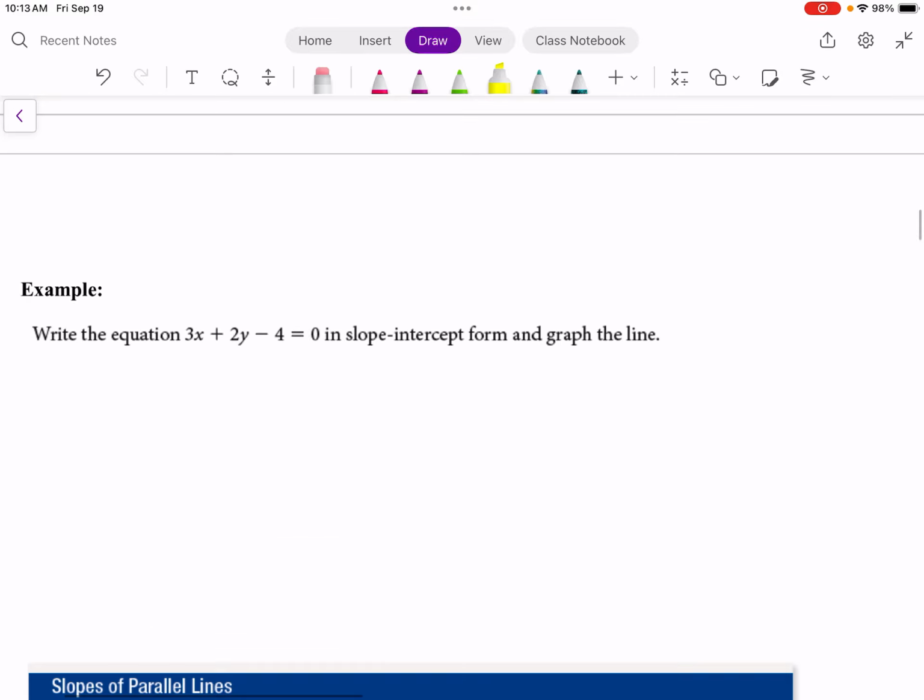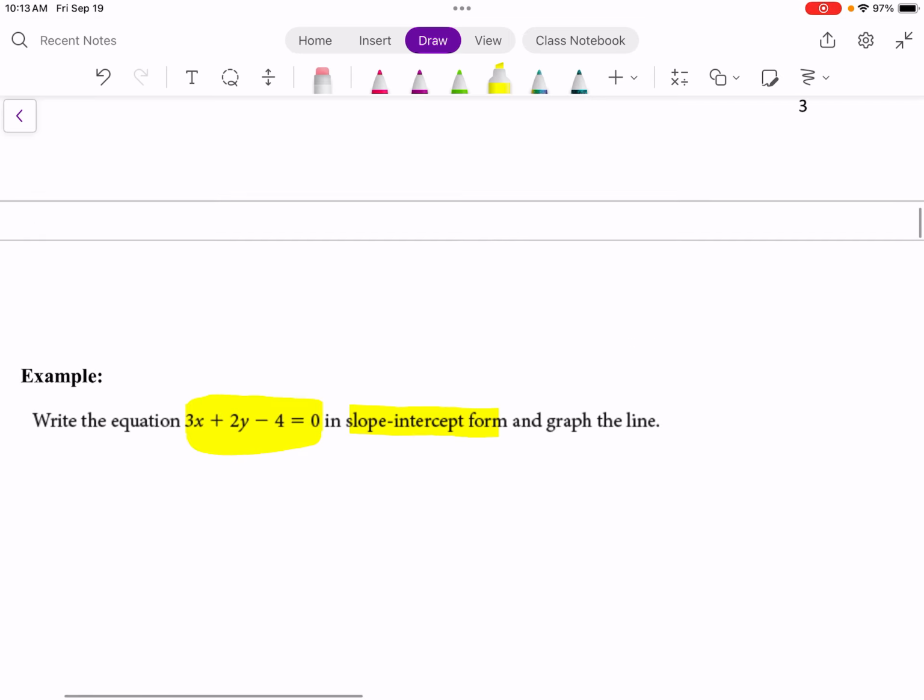Here we have the equation 3x plus 2y minus 4 equals 0. Write it in slope intercept form and graph the line. Now what form is this? We have 3x plus 2y minus 4 equals 0. This is the same as the ax plus by plus c equals 0 form.